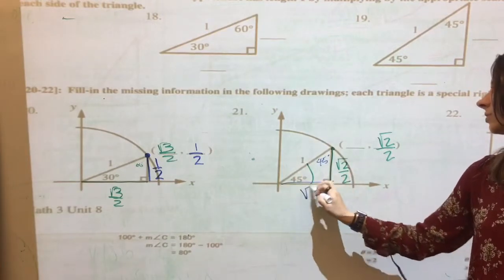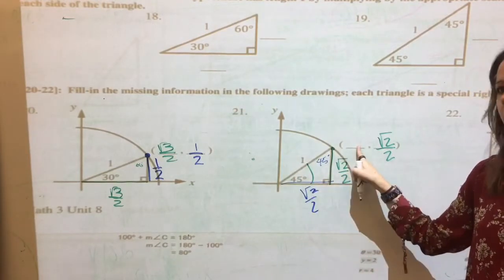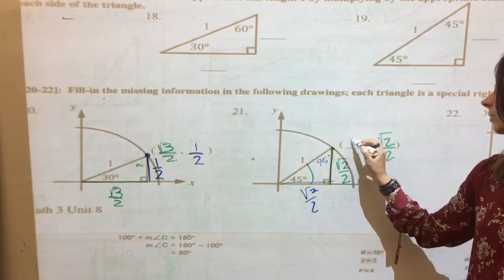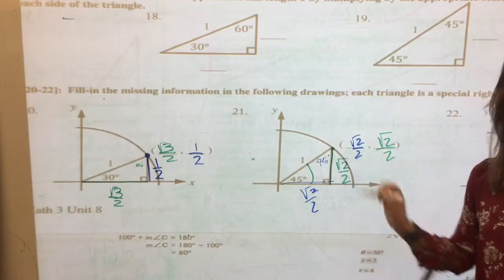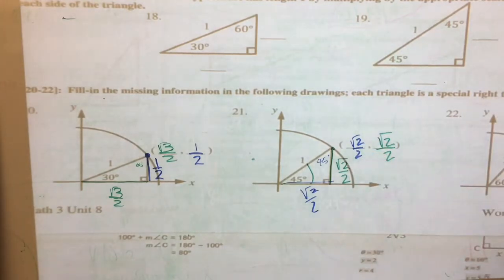Root 2 over 2, and so what's the X coordinate? Root 2 over 2. Perfect. Okay. And then Anson, if this is 60, what's this one? 30, and what's always opposite the 30? 1/2, and so what is the X coordinate going to be? Perfect. Okay? Yes. We will be doing that over and over and over again.